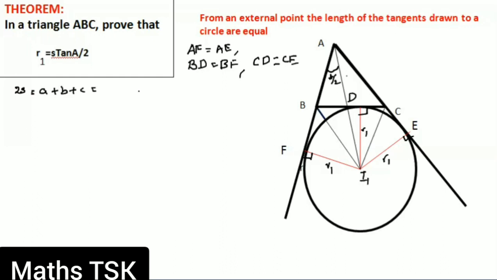What is A? A is nothing but BC, B is nothing but AC, and C is nothing but AB. So I take BC as it is, no change in it. AC can be written as AE minus CE, if you remove this part, then it becomes AC.